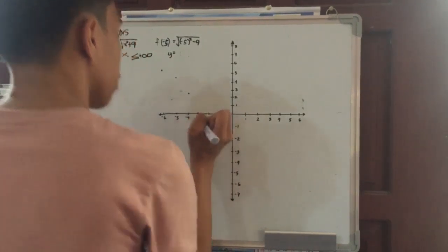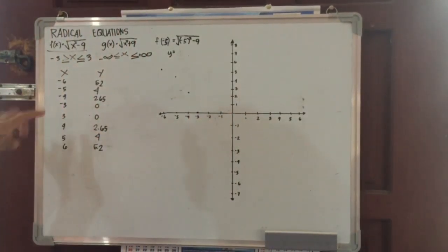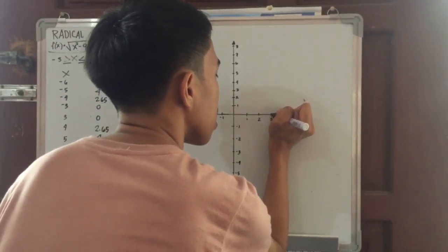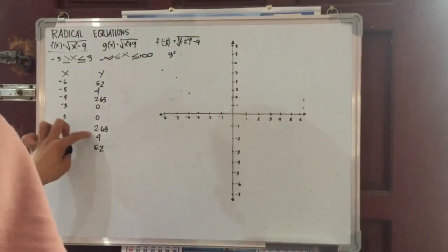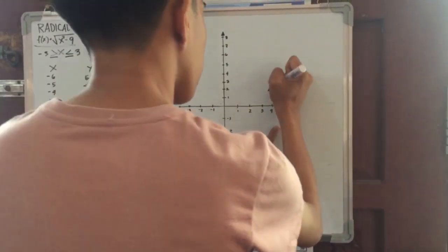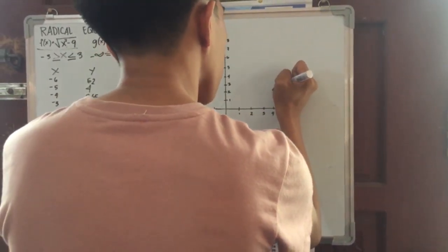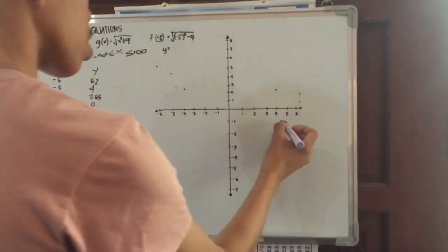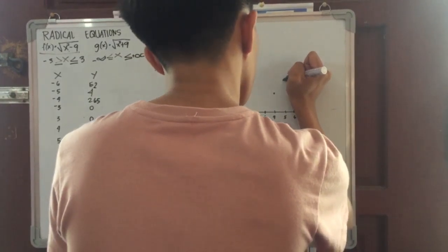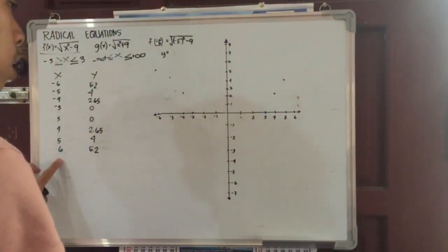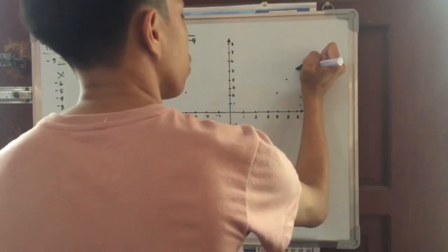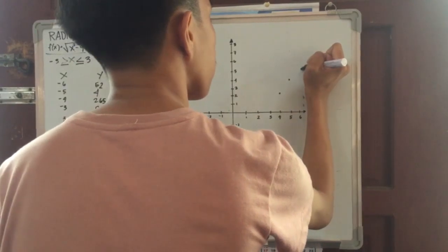For our positive values, we have positive 3 and 0. Then 4 and 2.65, first quadrant. Our third is 5 and 4. The last one is 6 and 5.2, approximately here.